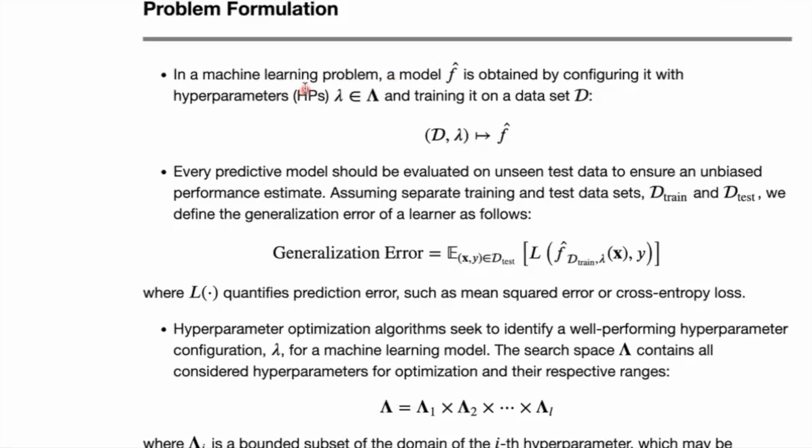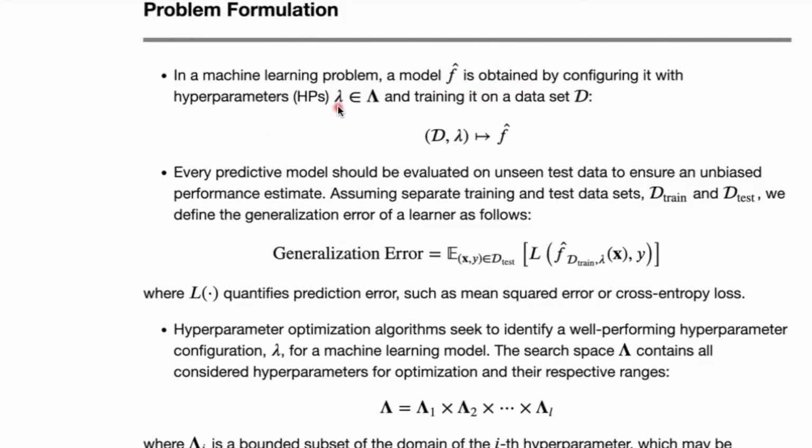So in a machine learning problem, the goal is always to find a machine learning model that I call f hat, which is obtained by configuring its hyperparameters. And that hyperparameter configuration I can show here using this lambda, which belongs to a hyperparameter search space. And we train it on some data.